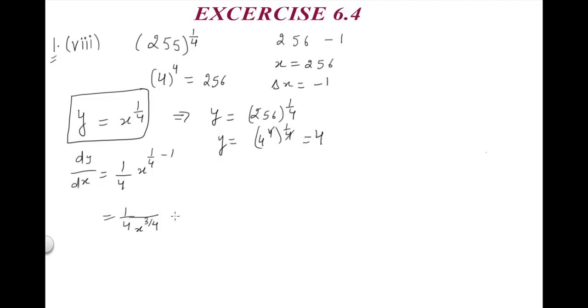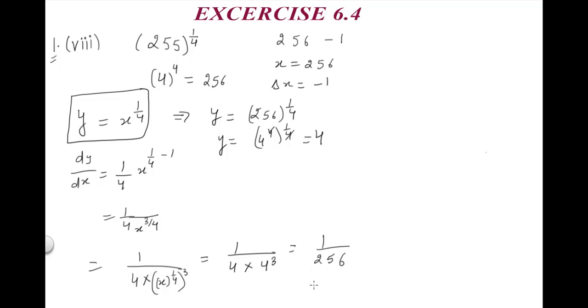Clear? Now finding dy by dx, we will write 1 upon 4 multiplied with x to the power 1 by 4, whole power 3. Now we just have solved x to the power 1 by 4, which is giving us 4 as the answer. So we will write 1 by 4 multiplied with 4 to the power 3. We get 1 upon 256.